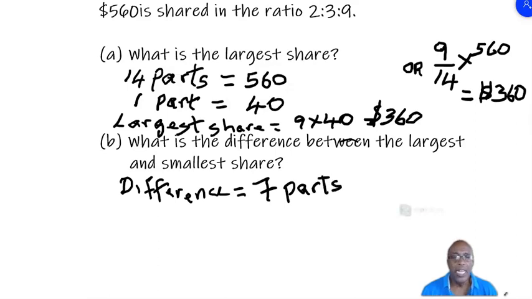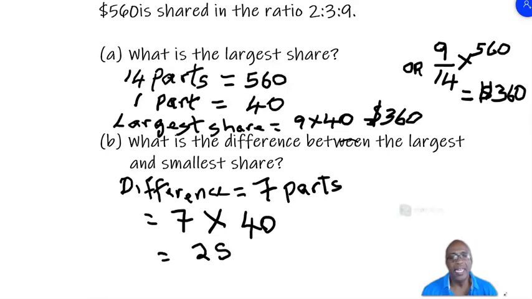And therefore, the difference would be 7 times what 1 part is, which is 40. And that is $280. Okay, that's it. That is proportion.